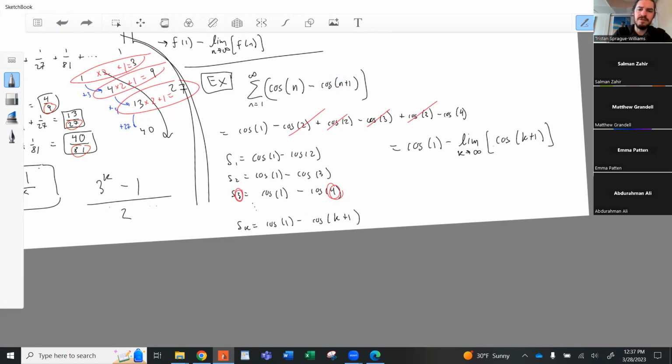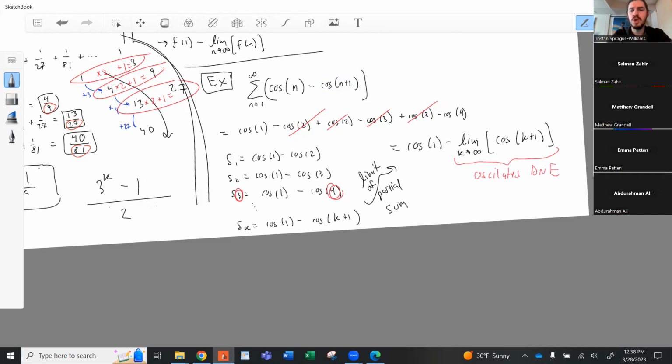So this is the limit of the partial sum. Now, this limit oscillates and does not exist.